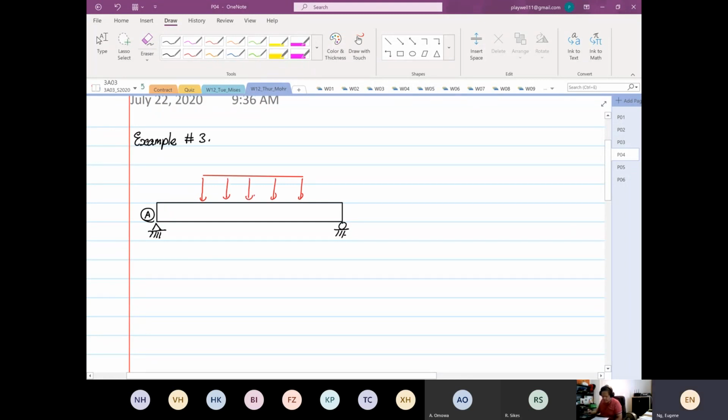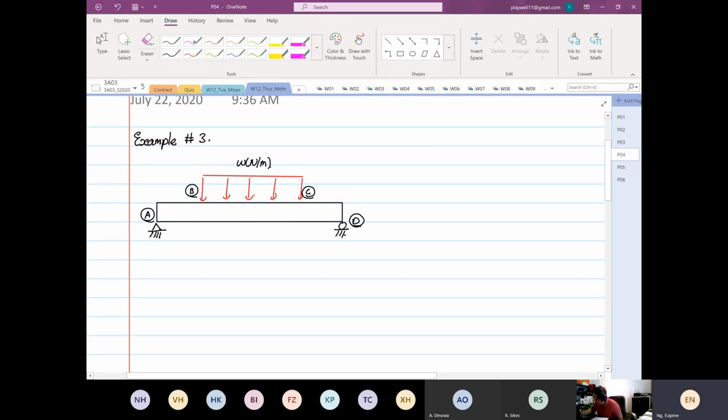Right? And this is point B, point C, and point D, right? And this is omega Newton per meter.